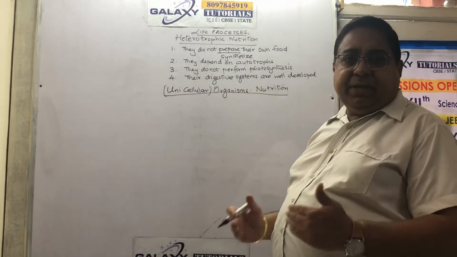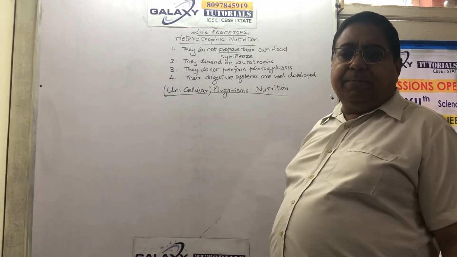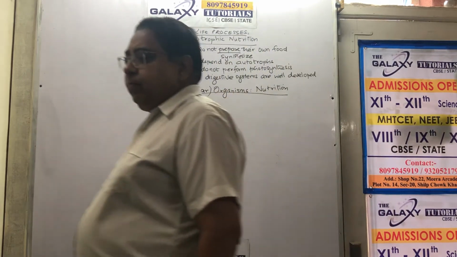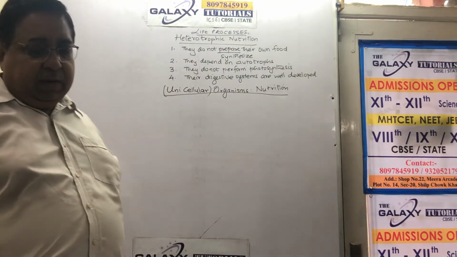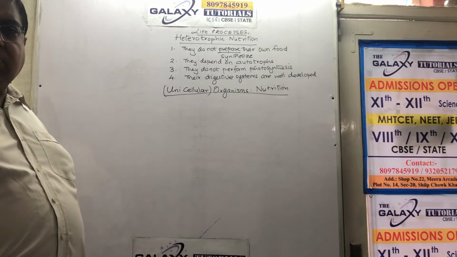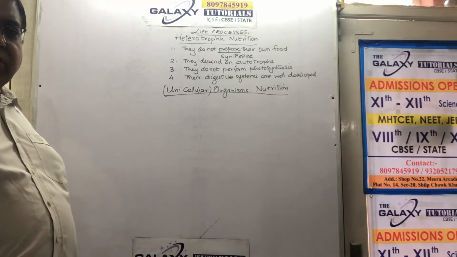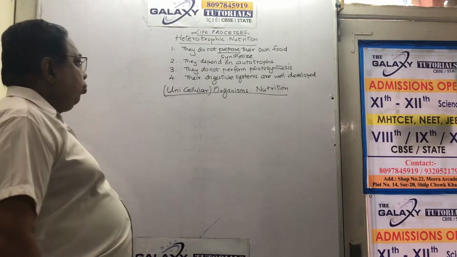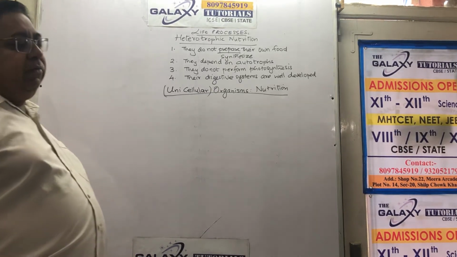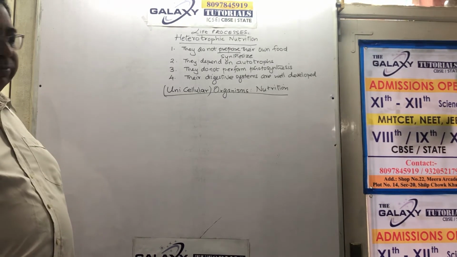We are going step by step. In unicellular organisms, the example given in our book is amoeba. How does amoeba take in food? Single cell, no mouth, no teeth. Where is the stomach? Where is the intestine? Nothing can be seen, not present. Let us see nutrition first in unicellular. Then we will move to an organism like man, multicellular with systems.